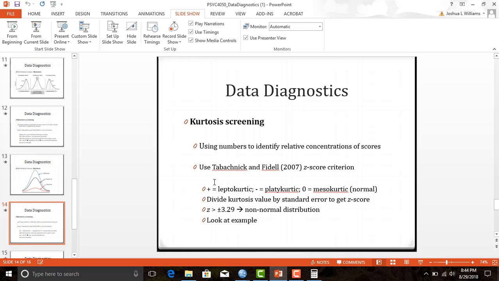Now, given that it's so close, again, I will tell you, you can factor that into your decision making, right? So you've looked at the histogram, you've looked at the QQ plots. Neither one looked very good, if I recall. Then you get here and you've got some fairly high Z skewness and Z kurtosis values, okay, that may, in your mind, even though they're not at that benchmark, they may indicate to you that there's a lot going on here, and it may not be an approximately normal distribution once I start to weigh all of the evidence.